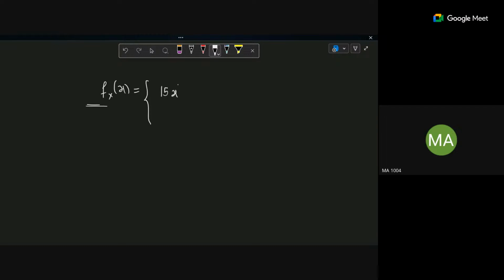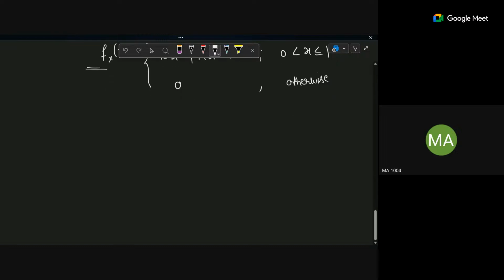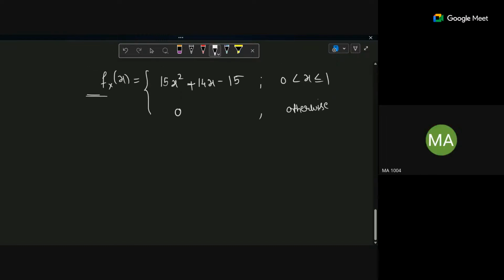Whatever the range is given to you, in this particular question, it's not giving you 1. Instead, what's your integration? 15x cube divided by 3 plus 14... you have to put the integral limits also, 0 to 1. Just give me this integration.